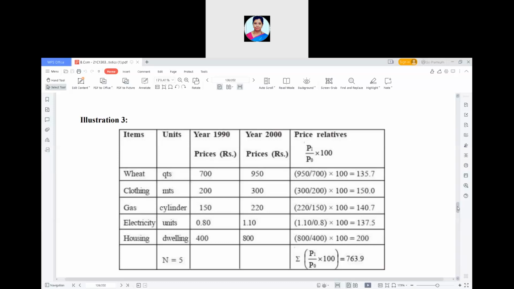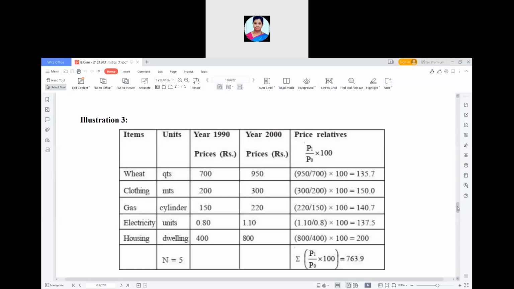So we are calculating the price relative, you see. We are doing the comparison between the year 1990 and the year 2000, where we can take 2000 as the current year and 1990 as the base year, taking the corresponding prices.